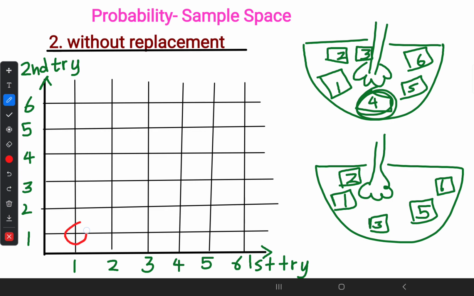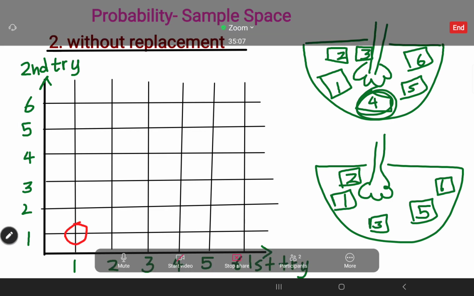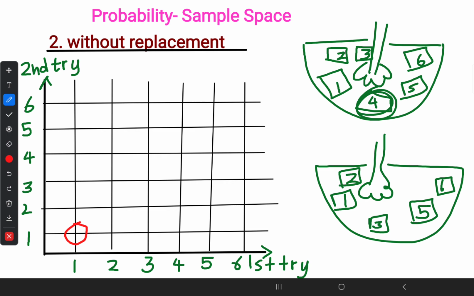When you consider this event, you have selected number 1 in your first try and kept it with you. So when you select a number again from the box, there is no number 1 anymore. So you cannot select number 1 again. So there is no event like this one. You cannot select the same card twice. So this event does not exist in without replacement.